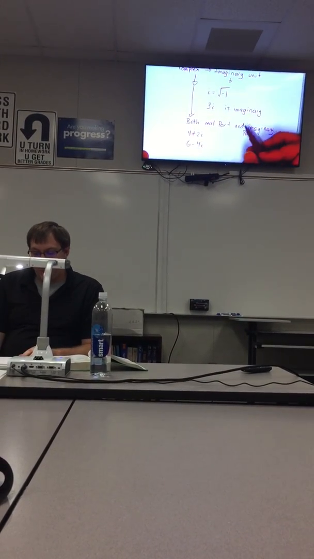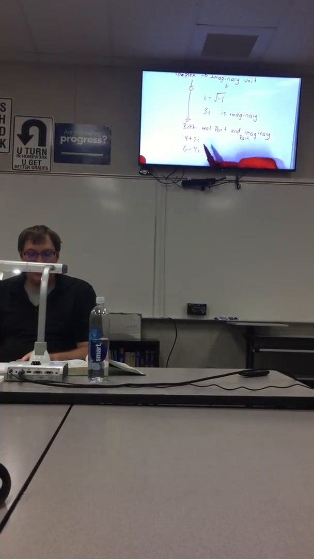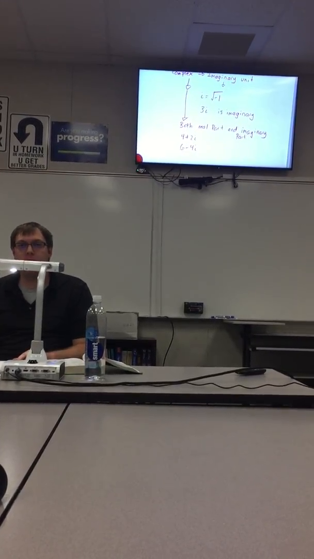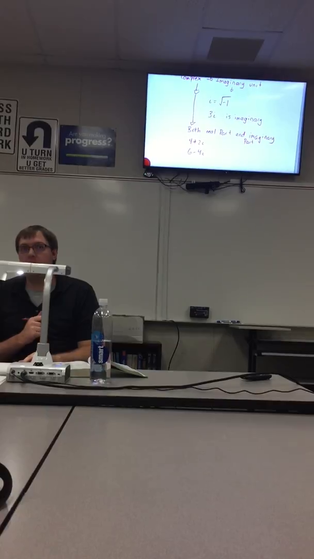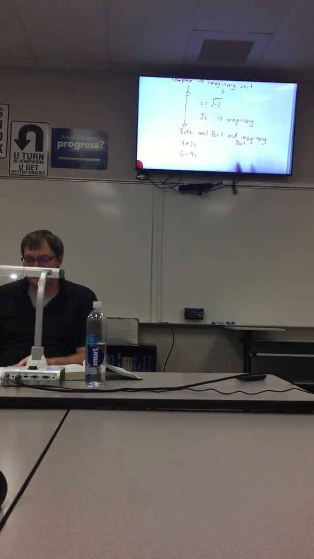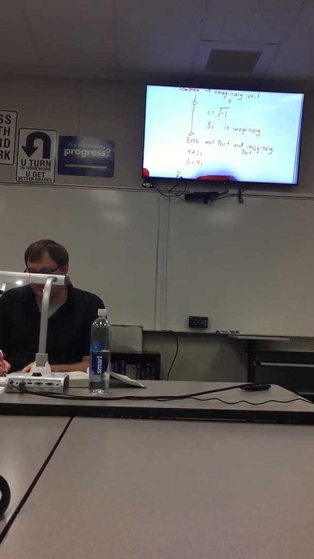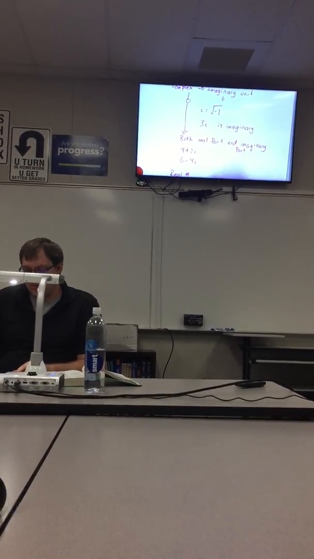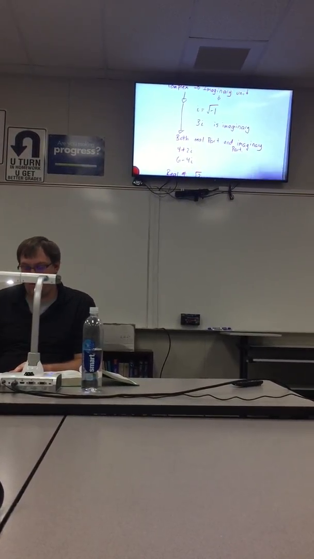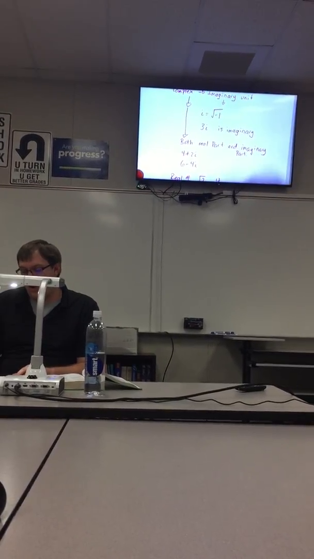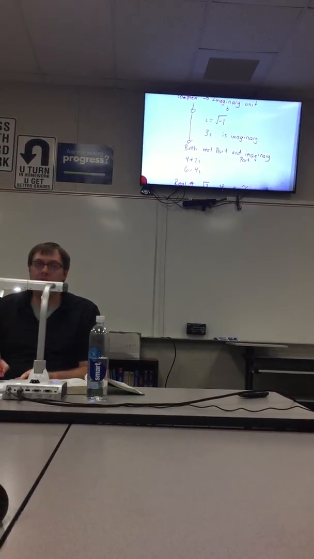Now, does anyone know why we consider all real numbers complex numbers as well? No. Remember, a real number you can write as like the square root of 2 or 4 or e or pi or any of those.